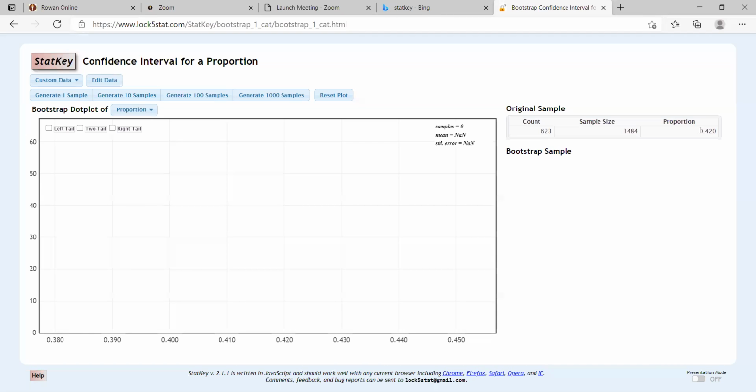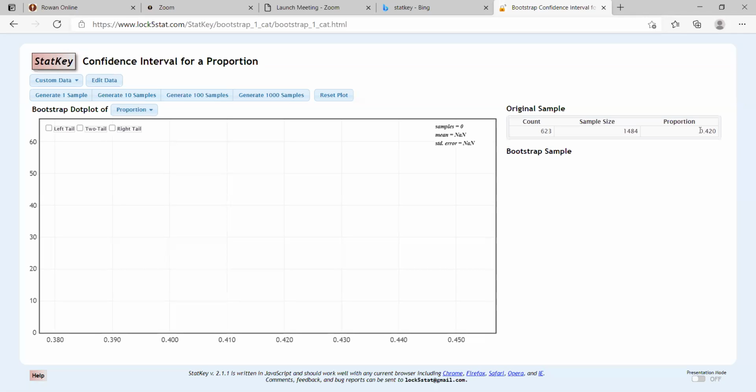Instead of a person not being used again after they've been surveyed, a bootstrap sample says, all right, we're going to put that person back into the pool of 1,484 people, and then we're going to choose at random 623 people with the chance that we could end up choosing the same person again. So it's possible with these bootstrap samples that we could have the same person being asked that question again.